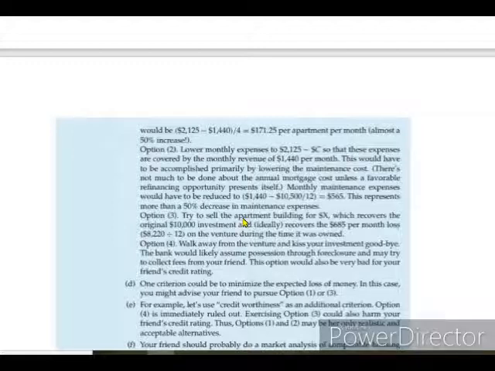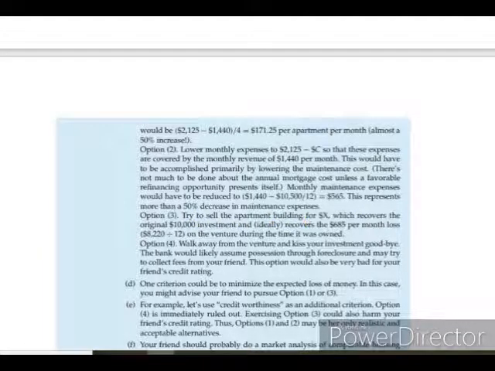So monthly maintenance expenses would have to be reduced. Okay, so how many? So the difference again. Okay, the difference of 1,440 and 10,500 divided by 12. It is negative, but we will make it positive because we're just getting the difference. So $565. This represents more than 50% decrease in maintenance expense.